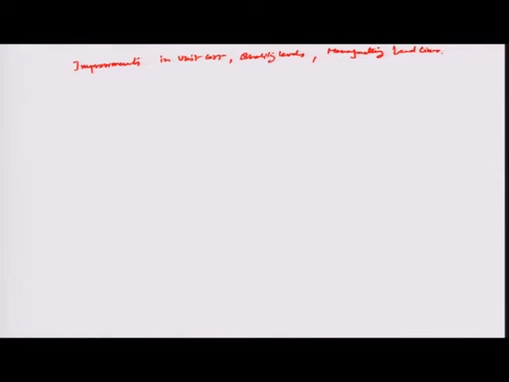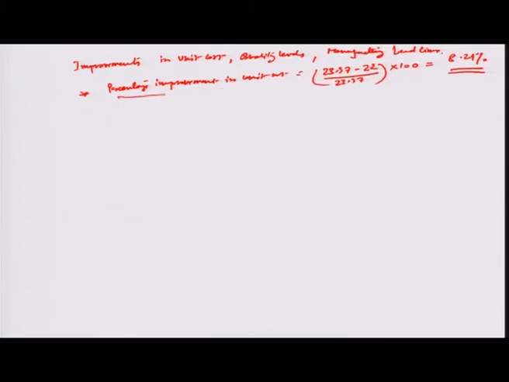So, you see that the percentage improvement in unit cost is about 23.97 minus 22, divided by 23.97, which is about 8.21%. So, there is a reduction in the unit cost of 8%.